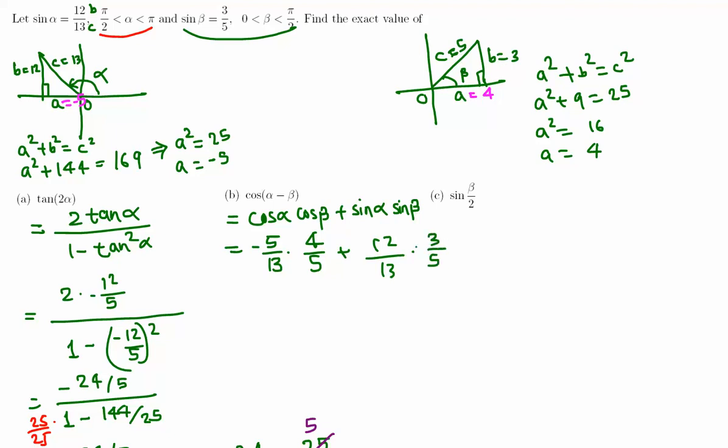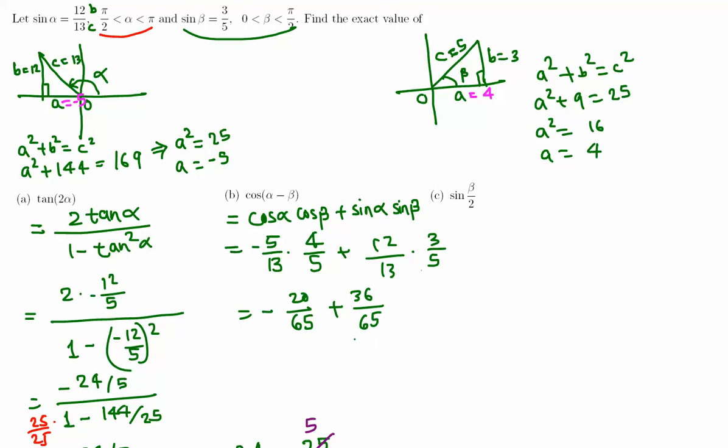Okay, let's multiply these two, multiply and combine. Don't cancel, though 5 cancel, but the bottoms, look at 13 times 5, 13 times 5. We are gonna get the same bottoms, so I'm not gonna simplify. Negative 5 times 4, 20 over 65 plus 12 times 3, 36 over 65.